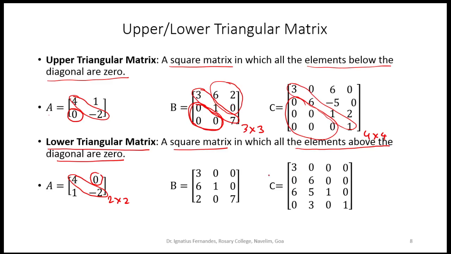The same way, here I have matrix B, which is a 3 by 3 matrix, and all the elements above the diagonal are 0, so it's called a lower triangular matrix. The same way, I have a 4 by 4 lower triangular matrix here. In a lower triangular matrix, the values above the diagonal are 0.